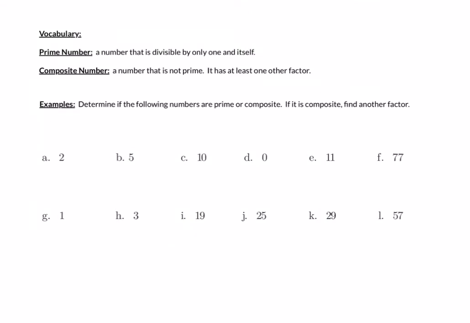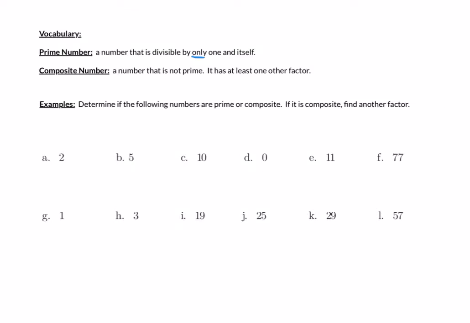Now before we get into the next one, we want to talk about prime and composite numbers. A prime number is a number that is divisible by only 1 and itself. Key here is only. Every number is divisible by 1 and itself.